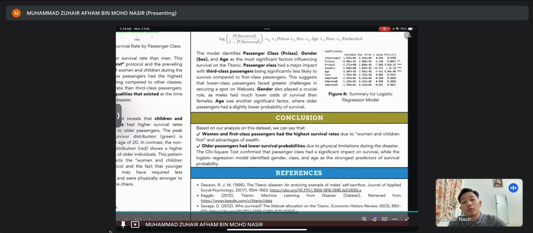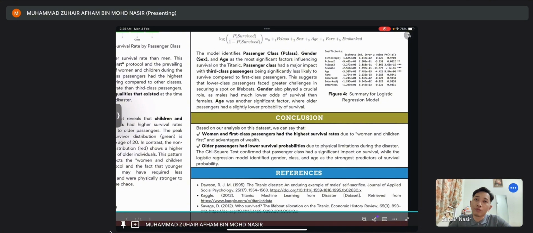And then the chi-square test confirmed that the passenger class had a significant impact on survival, while the logistic regression model identified gender, class, and also age as the strongest predictors of survival probabilities.